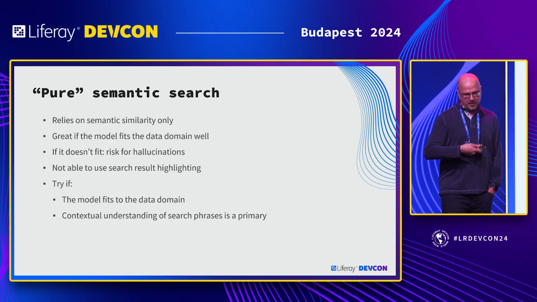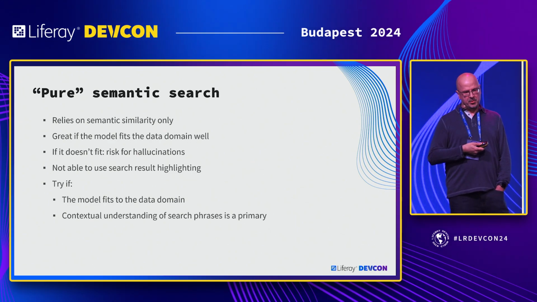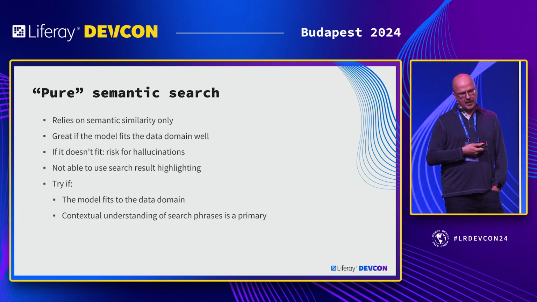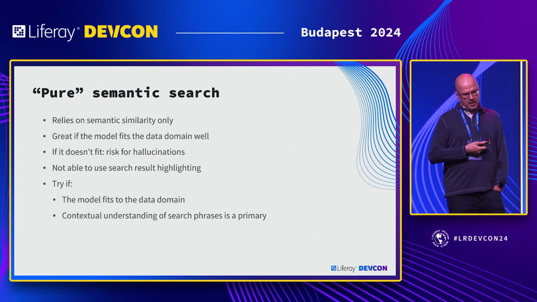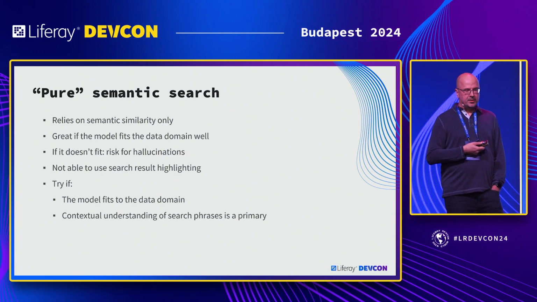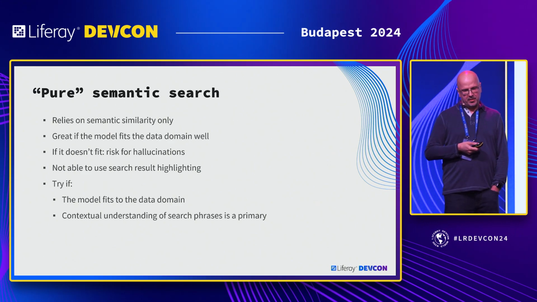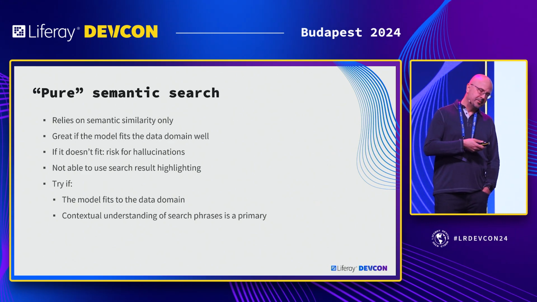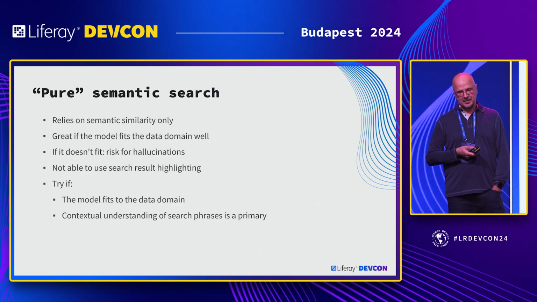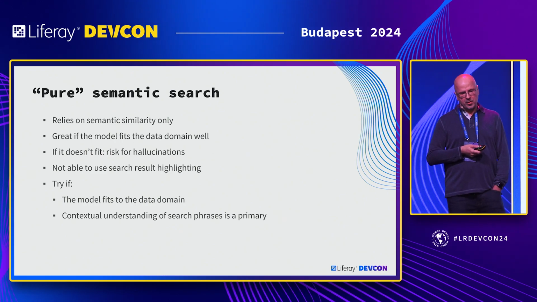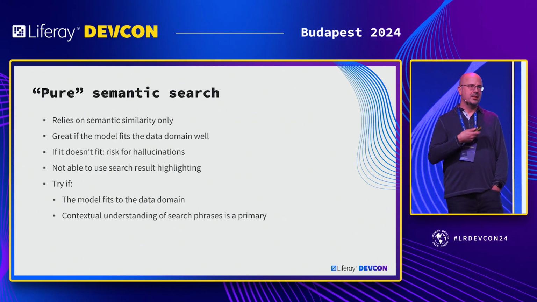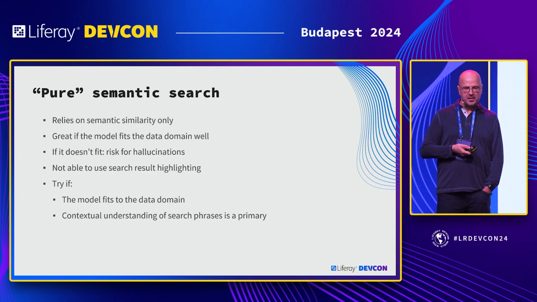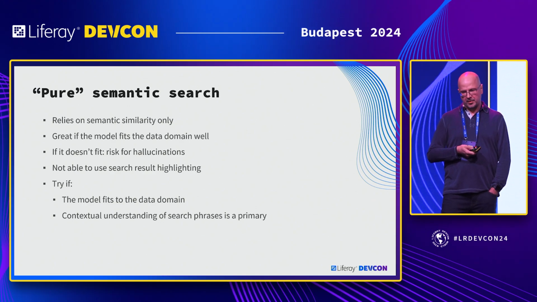So you have to implement that in the user interface somehow, at least at the moment. This is to try if you have a model that fits your data domain well, or the environment prioritizes searching this way. I could imagine cooking domains would be a good fit for this kind of approach.